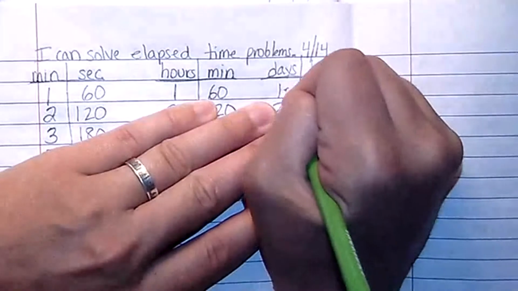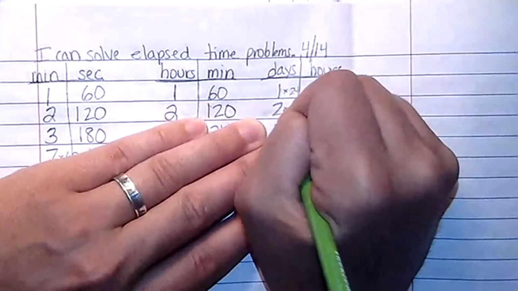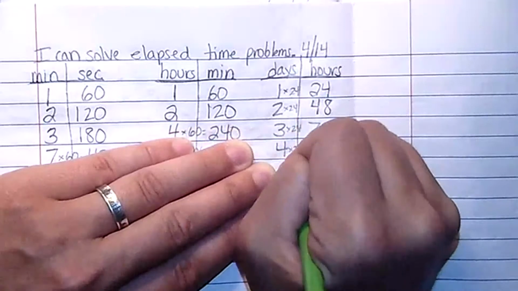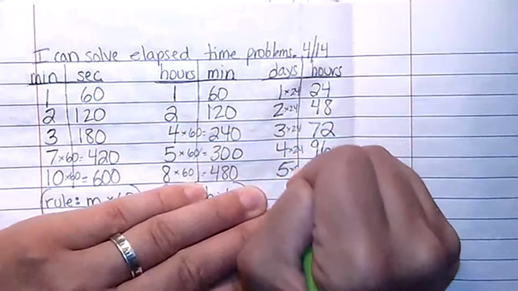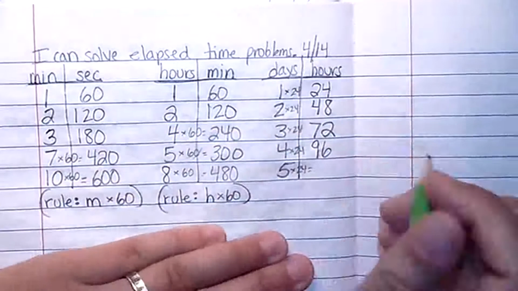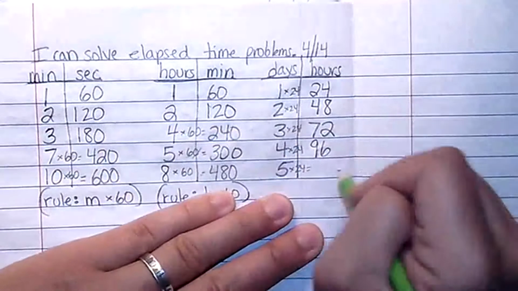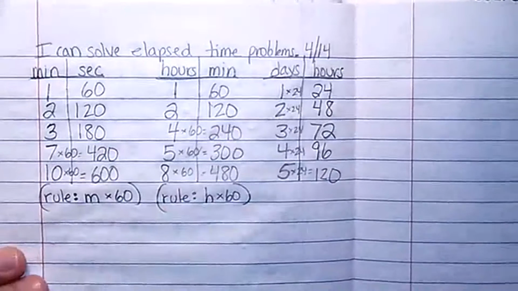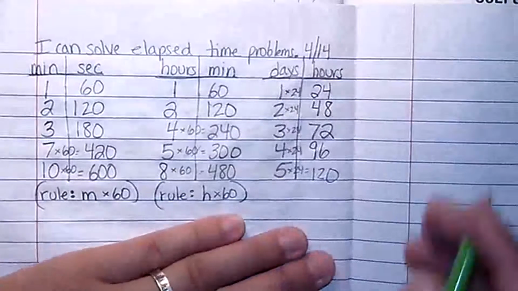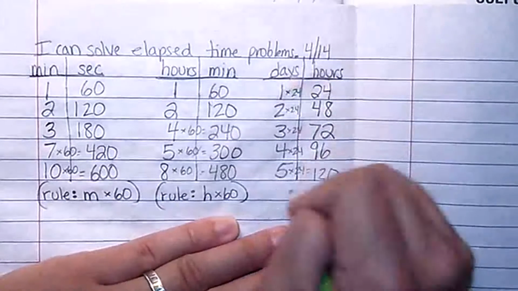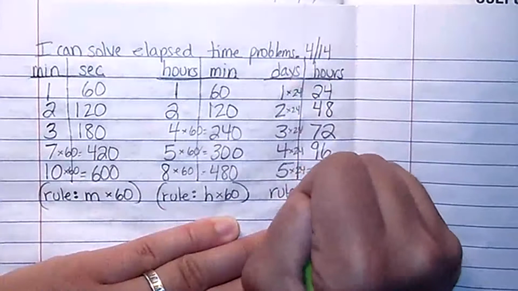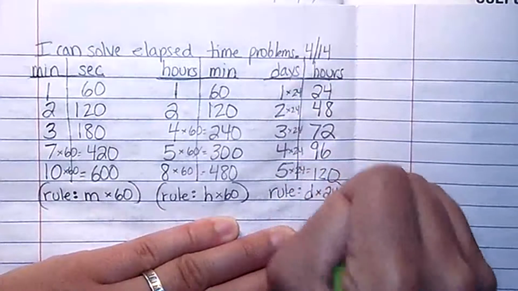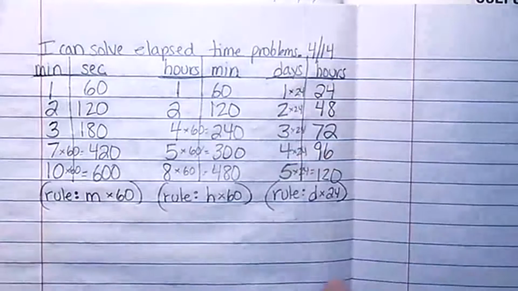But we also could multiply by 24. 2 times 24, 3 times 24, 4 times 24, 5 times 24. It's 120 hours. So the rule for changing days into hours is take your days and multiply by 24, and that will give you the number of hours.